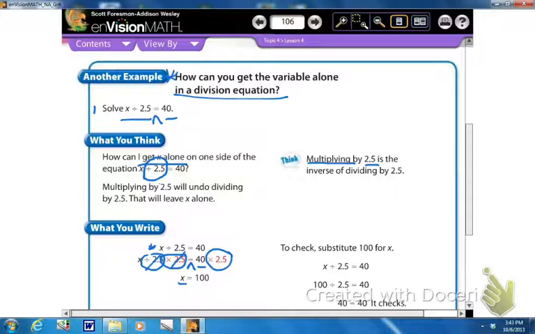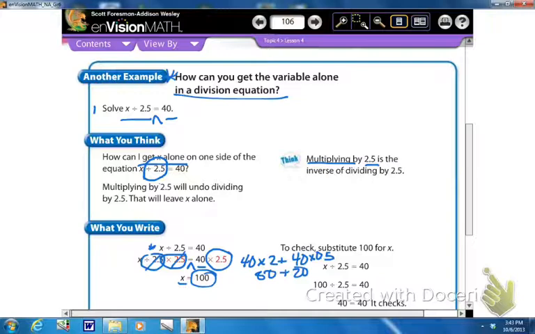You'd have to do the work, but if you think about it, use the distributive property, 40 times 2 plus 40 times 0.5 or half. Okay, 40 times 2 is 80, and half of 40 is 20, so you know it's going to be 100.